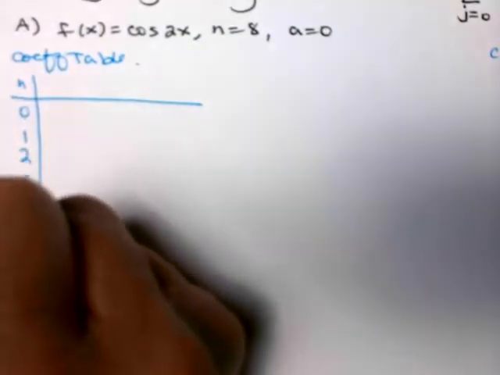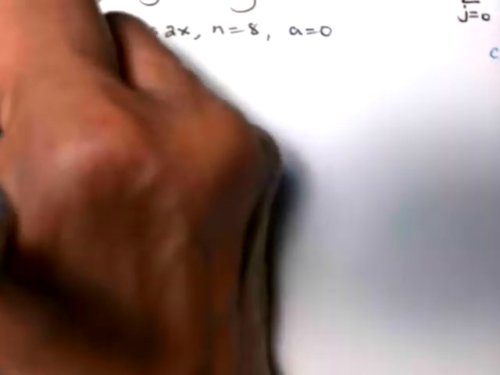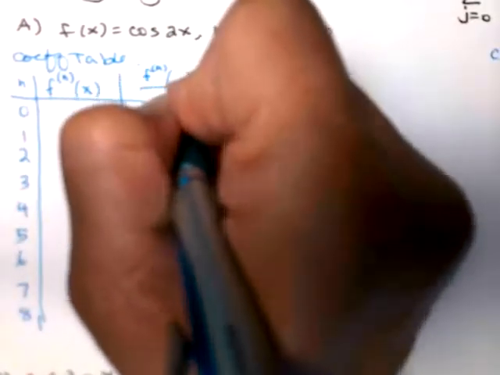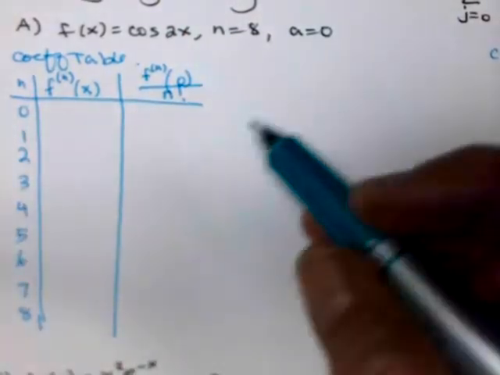I need that nth derivative, and let's just find it at x. And then let's do the part where we actually find the coefficient. So this last column here is going to be our coefficient. It's going to be that nth derivative evaluated at 0, and then divided by n factorial. All right, so let's see what we can get.